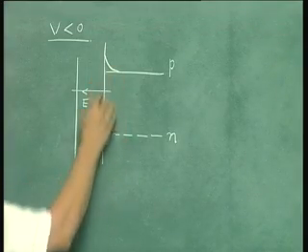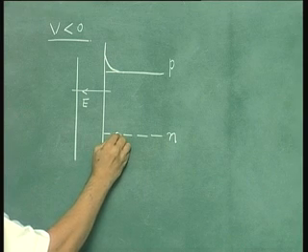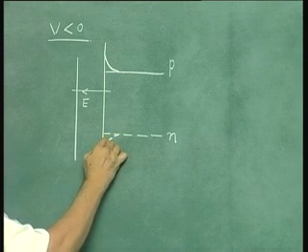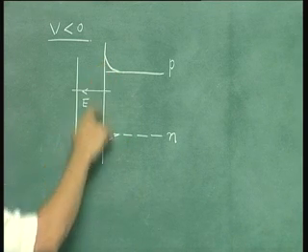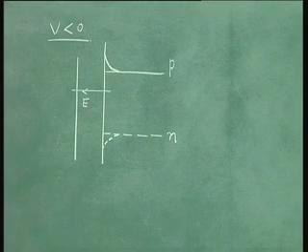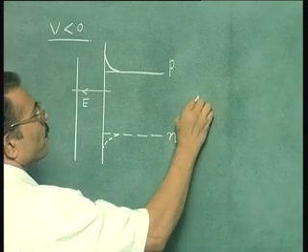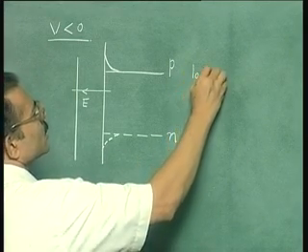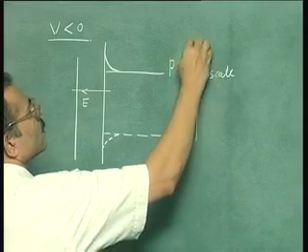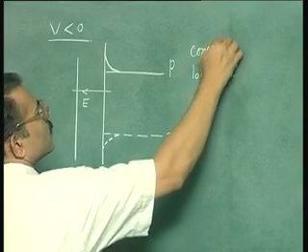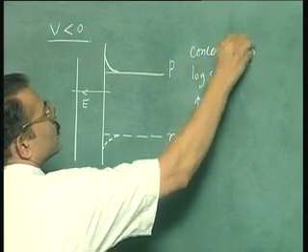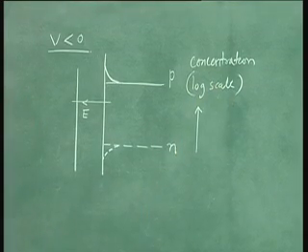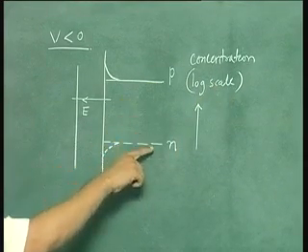Therefore P into N should be constant and electron concentration will all dip down, so that P into N is equal to Ni square. Now we are plotting the concentrations on a log scale, because otherwise we would not be able to show both holes and electrons.